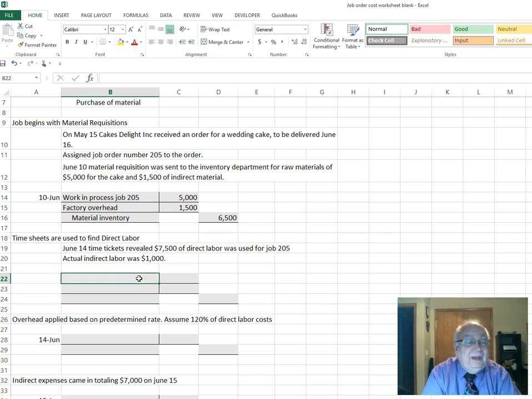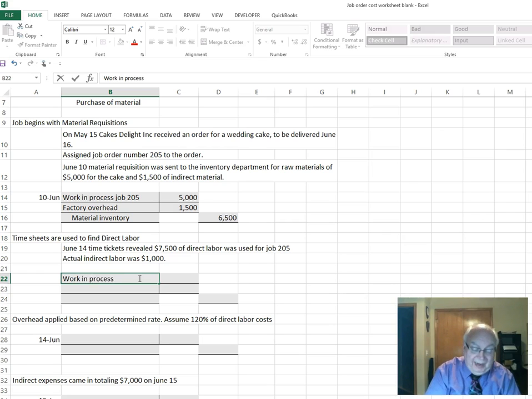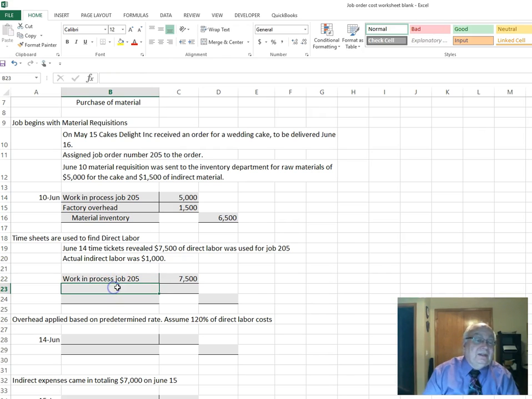Then on June 14th, we had time tickets. We billed $7,500 of direct labor was used for job 205. And the actual indirect labor was $1,000. Anytime you have direct materials, direct labor, you put it into work in process. That's the account we use for everything in job 205. And that was for $7,500. So direct labor and direct material both go into work in process.